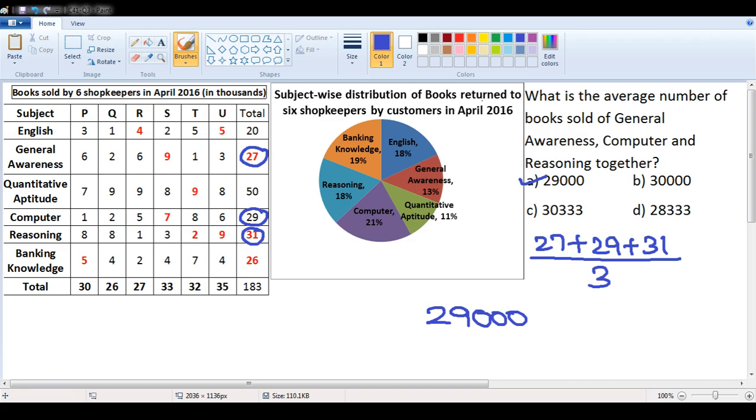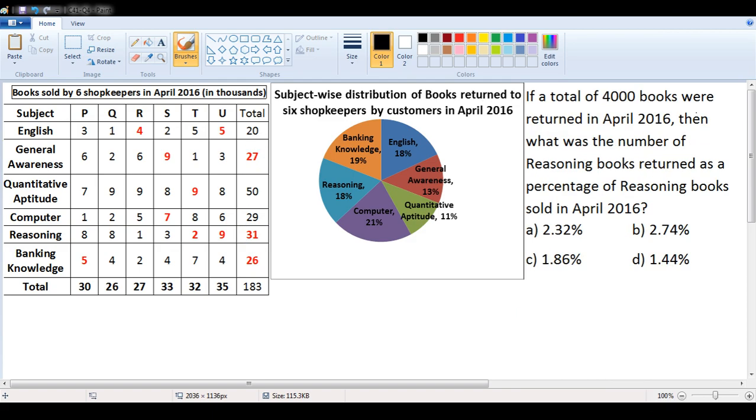Fourth question. If a total of 4,000 books were returned in 2016 April, returned means I should check with this pie chart also.